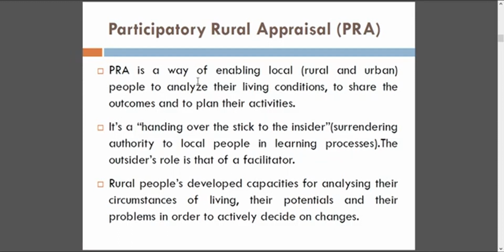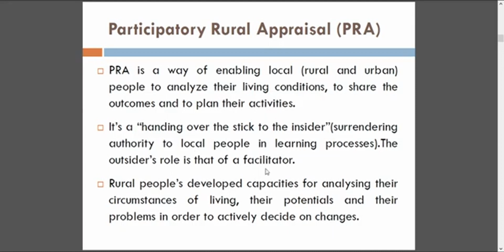Okay, so it is called handing over the stick to the insider. So you as the technical team, you're supposed to surrender the authority to the local people in the learning process. So your role is just to facilitate. They will have to identify their problems, come up with possible solutions, and suggest a plan for taking care of their problems.